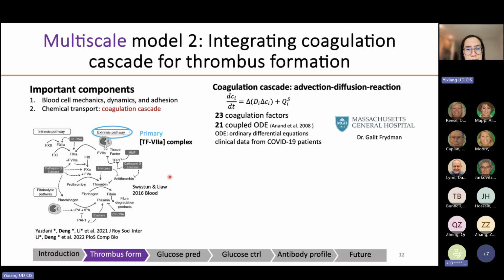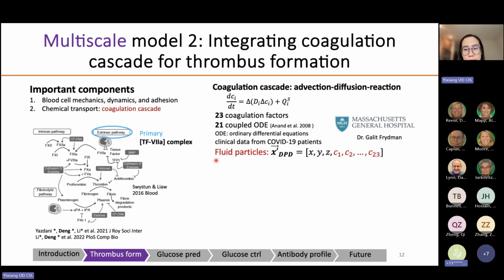And to simulate this complex intertwining between physical and chemical components, we employed a model called CDPD, simulating 21 coupled ordinary differential equations representing the dynamics of 23 coagulation factors.